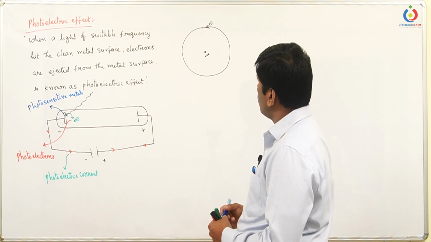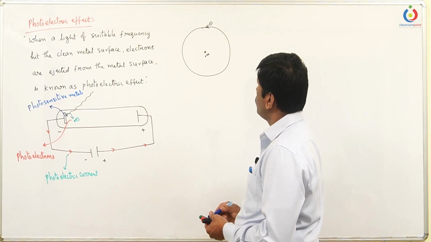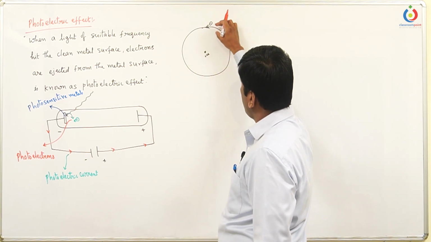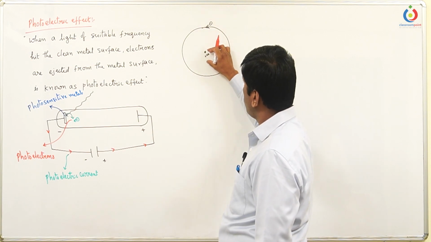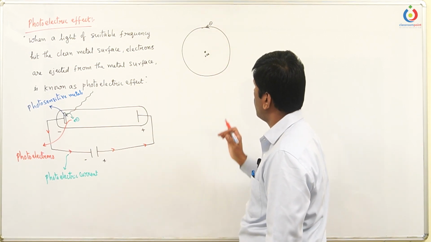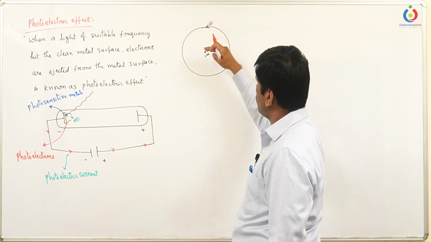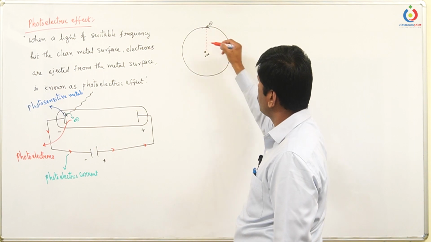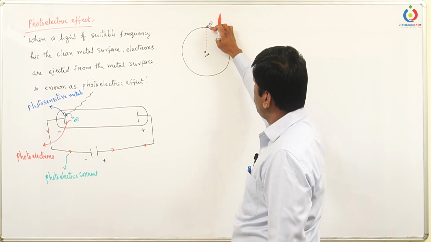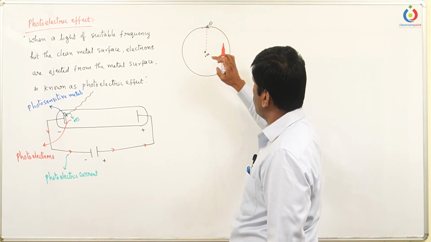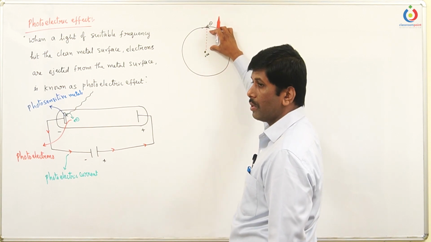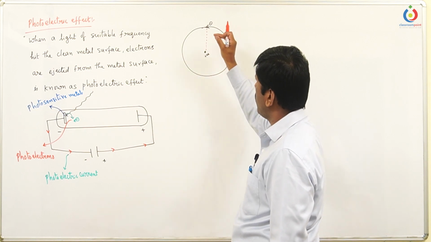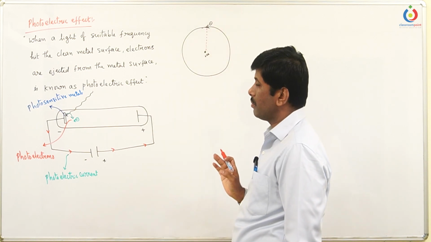So electrons are carrying the negative charge here and the nucleus is carrying the positive charge. These two are oppositely charged, so there must be some attraction between them. Now if you want to bring this electron out of the atom, you must overcome this attraction force. So to overcome this attraction force, we must give some energy to the electron to come out.